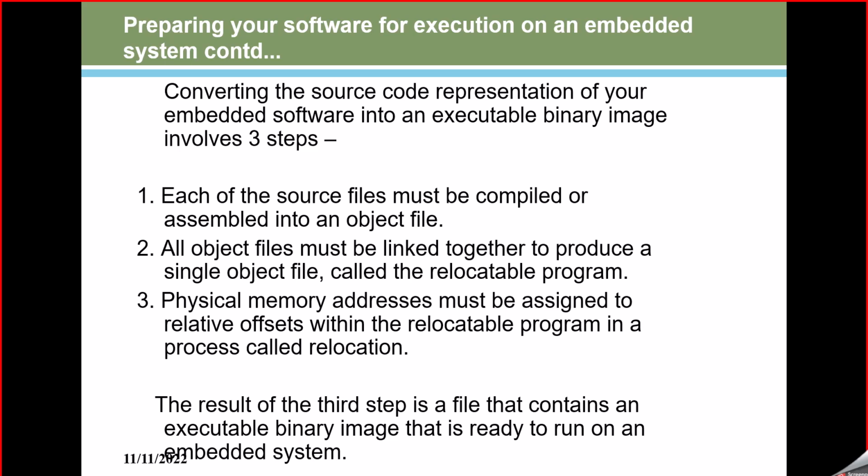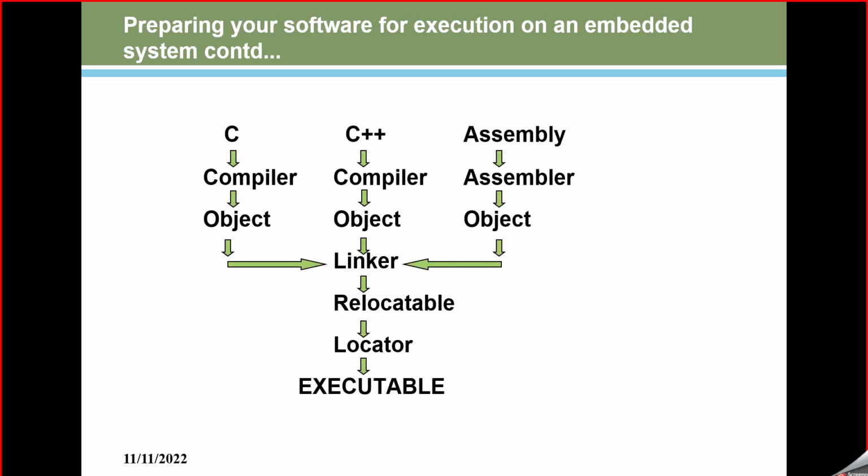Once you save the .c file, the compiler will compile it and convert it into a final executable code, correct? There are multiple processes in the compilation stages. Once this compilation is over, you will get an output file. That output file you can flash or download to a microcontroller. That's where it will start executing your application.